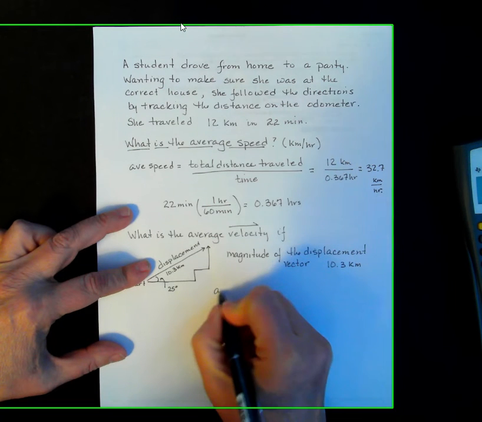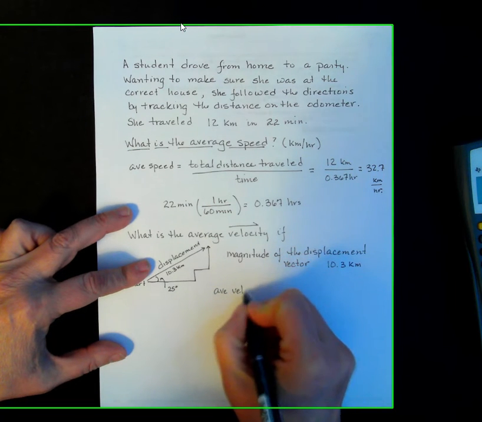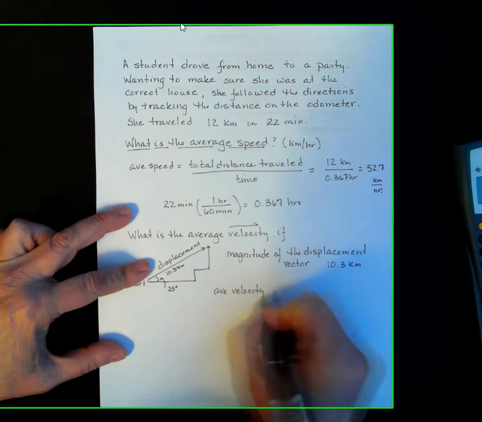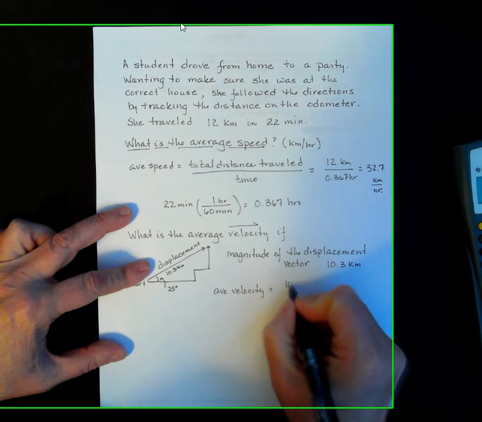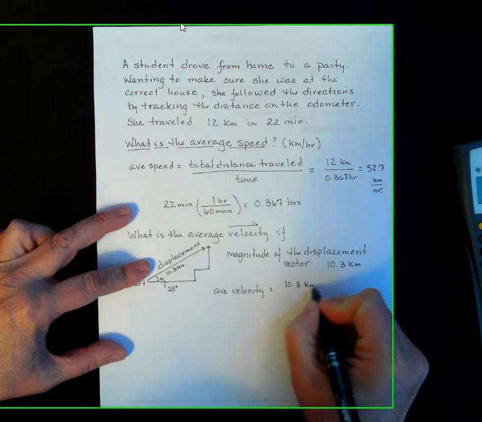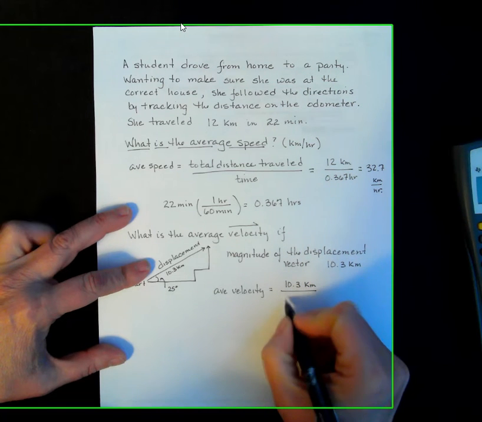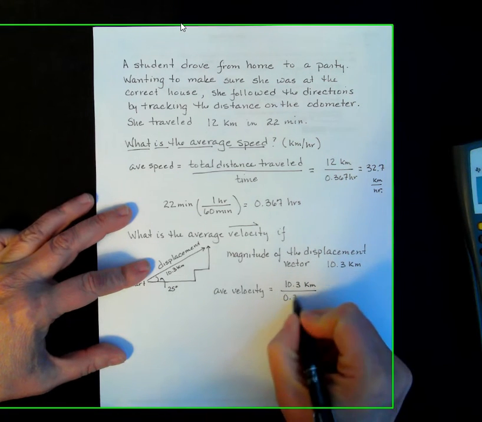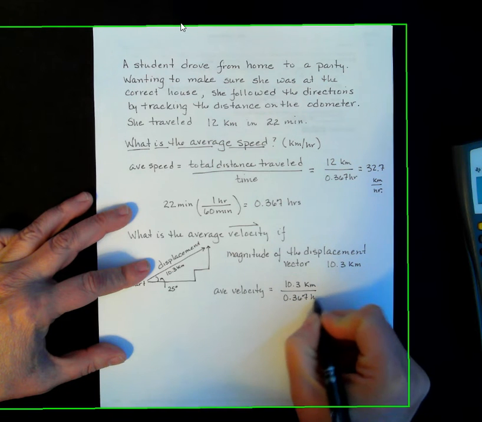So our average velocity is going to be our 10.3 kilometers divided by our time, which is our 0.367 hours.